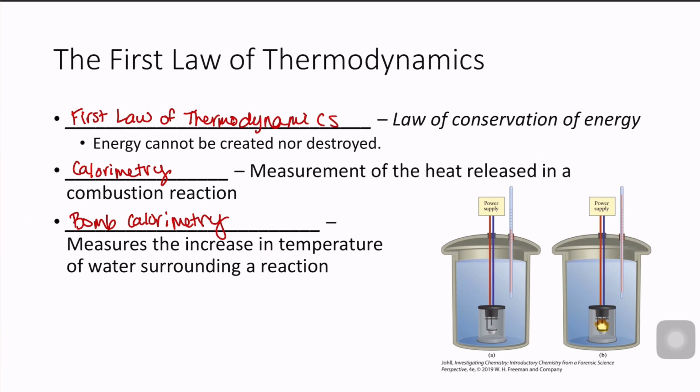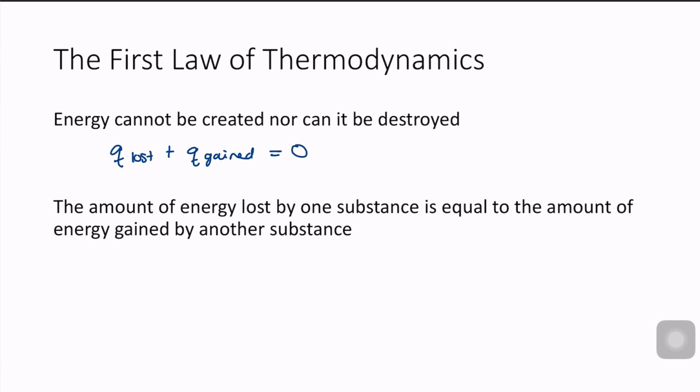So if we go back to our bomb calorimeter, the energy that is produced by this reaction, so the energy that is lost to the surroundings, is going to be gained by the water. It has to go somewhere. So numerically, those are going to be the exact same number.